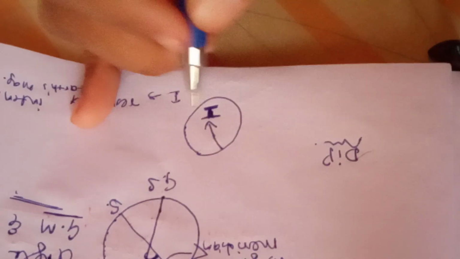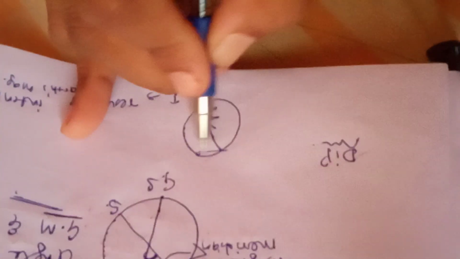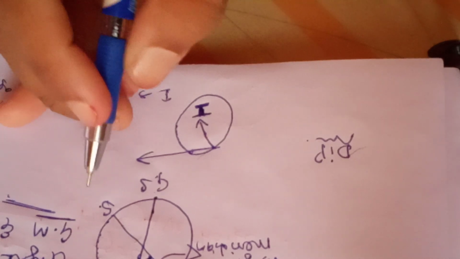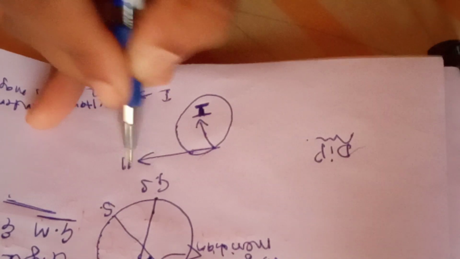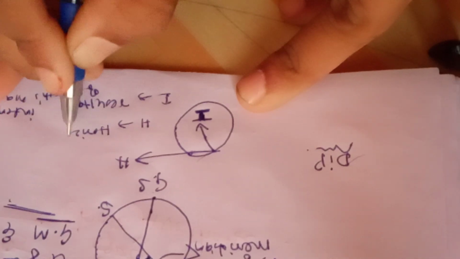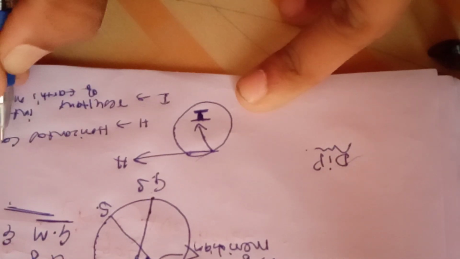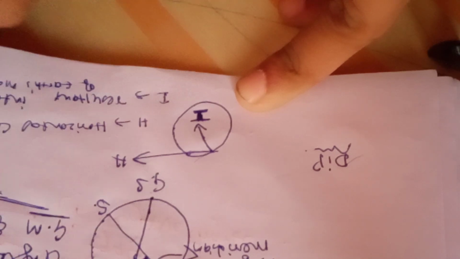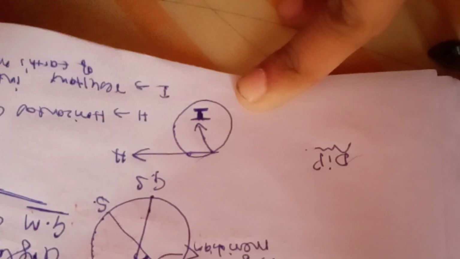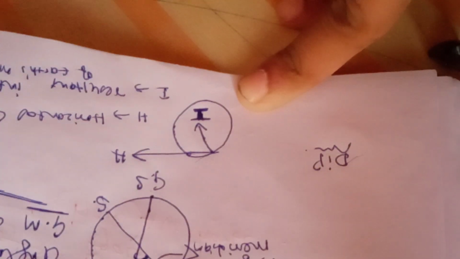Now let us resolve this I into two components. One is parallel component or horizontal component H. So what is H? Horizontal component of Earth's magnetic field. So we got the definition for the third one also.